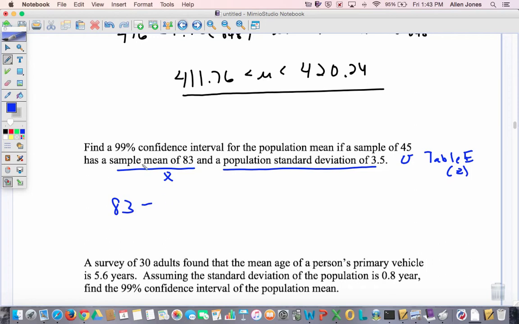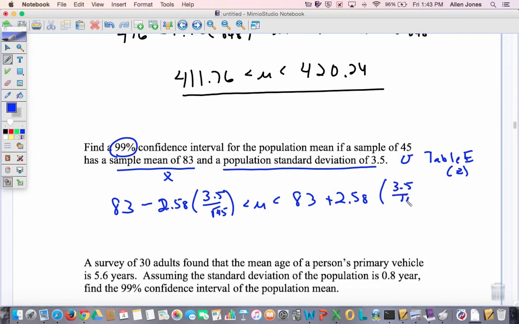So our sample mean is 83 minus our z-score for 99% this time, which is 2.58, times our standard deviation of 3.5, over the square root of our sample size, 45. Constructing an interval for the population mean: 83 plus 2.58 times 3.5 divided by the square root of 45.